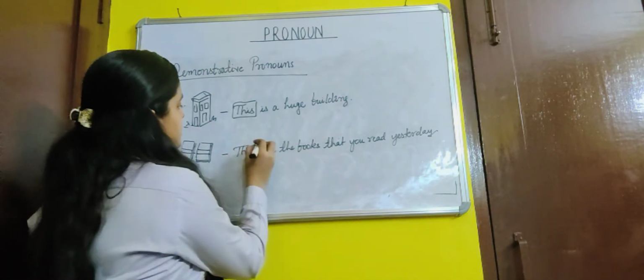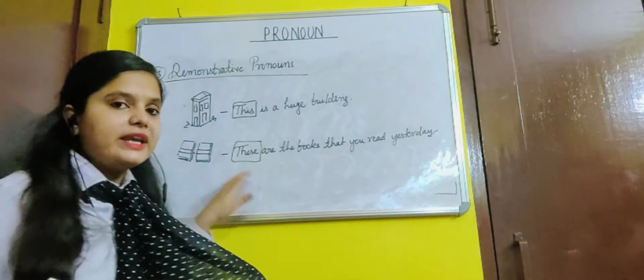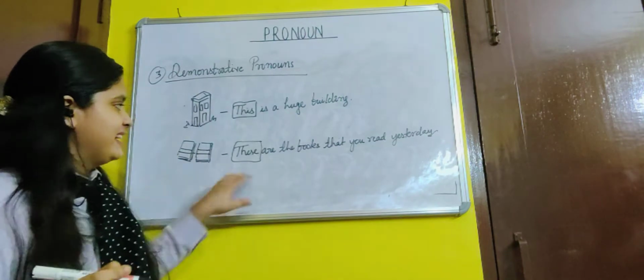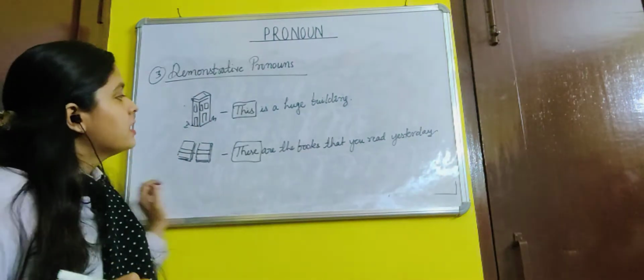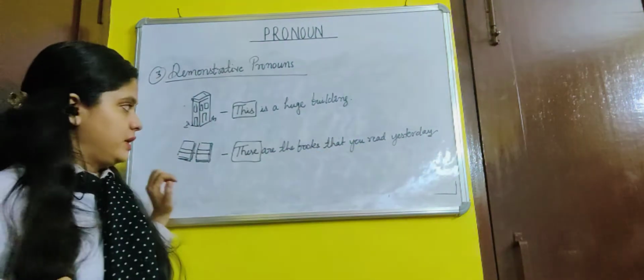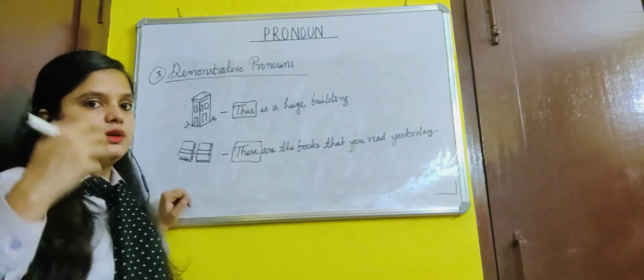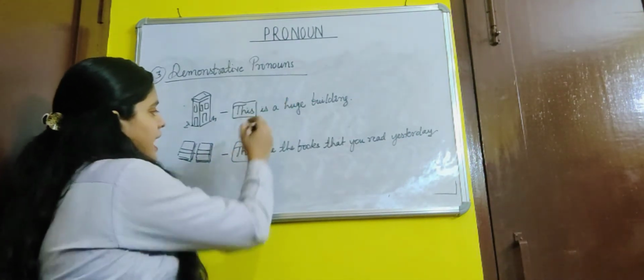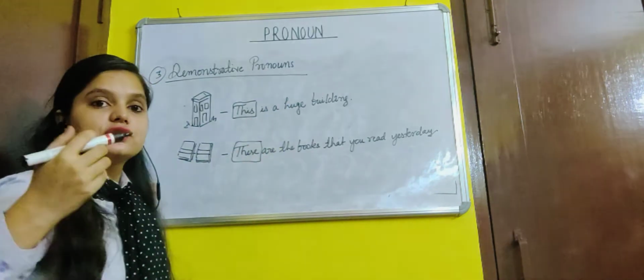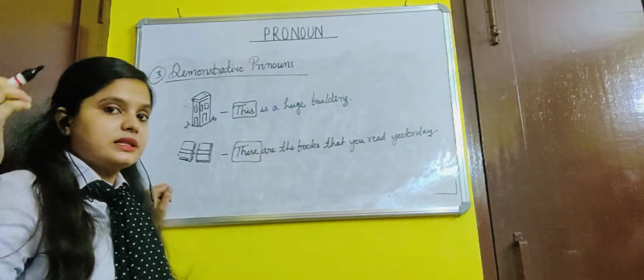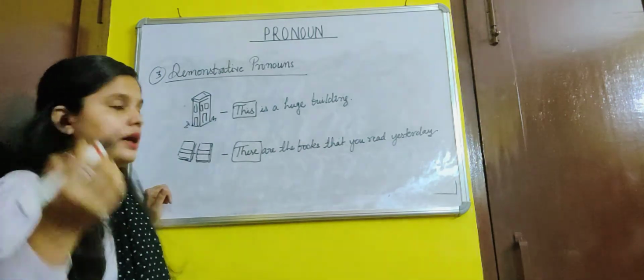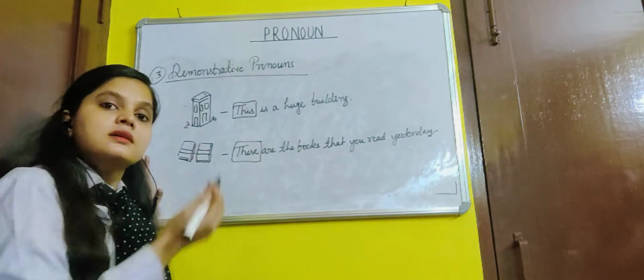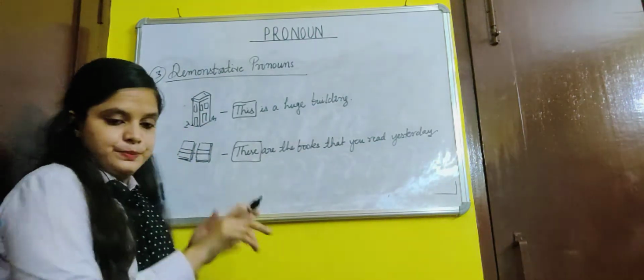So here the word these is pointing at the books, that these are the books that you read yesterday. Okay, it means these are the books that you have read yesterday. So this and these are demonstrative pronouns because both words are pointing at things.